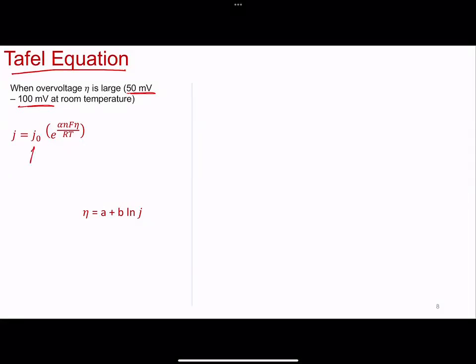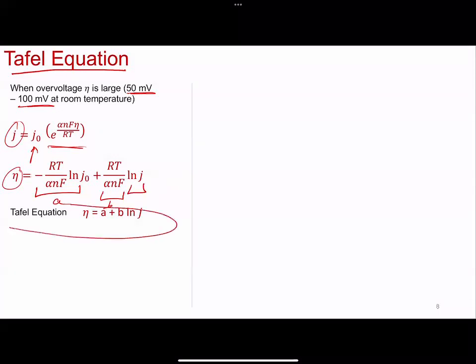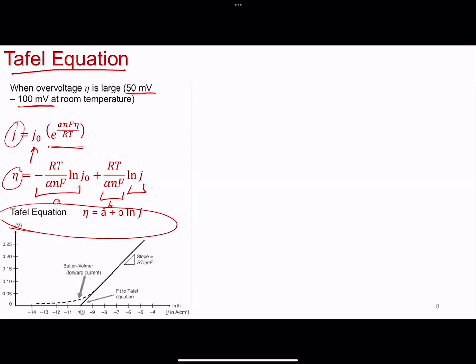You've scaled the J naught by this exponential, so the measured current density is this J. If you take the log of both sides, you can calculate what eta, this overpotential, is. Then if I say this is A, this is the Y intercept, and this is the X variable, ln of J, you get the Tafel equation. So basically you just lump everything into a linear line, a linear regression.